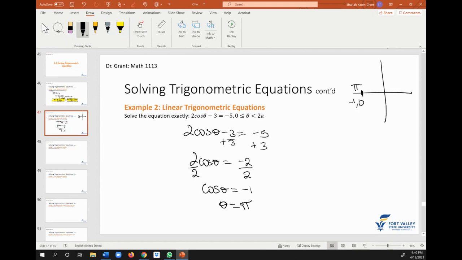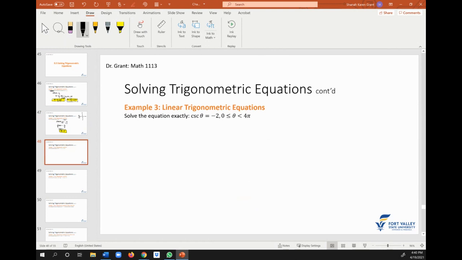And so notice that we're restricted to one rotation, or theta must be between 0 and 2 pi. So this is my only solution here. Theta must be pi. So when we're solving these type of equations, it's very important that we know where theta lies.